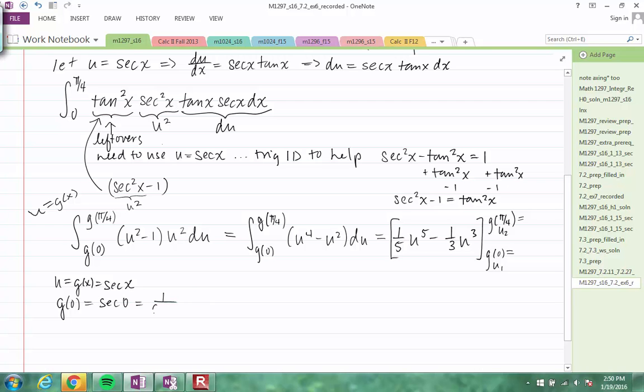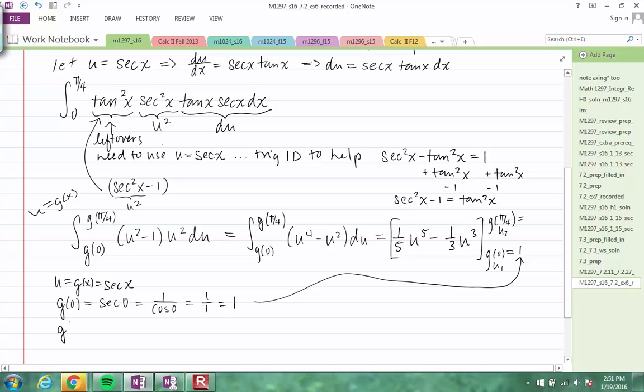I always like to go back into terms of cosines and sines. It's just easier for me to do. So cosine of 0, I know that is 1 off the top of my head, so I know that secant of 0 is 1. So that means I can go back here and plug in 1, and this will be in terms of u.